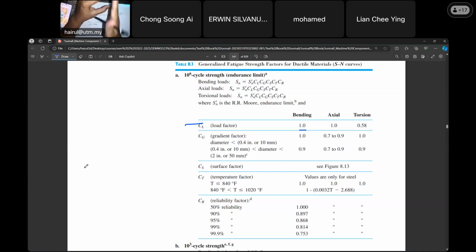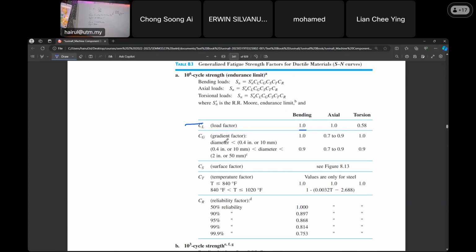What is the diameter at that section? If the diameter is from 10 millimeter to 50 millimeter, the bending is 0.9.